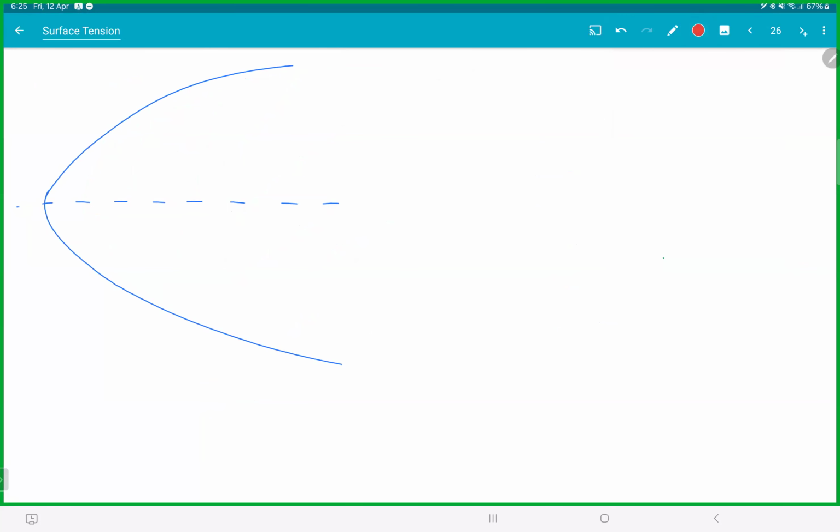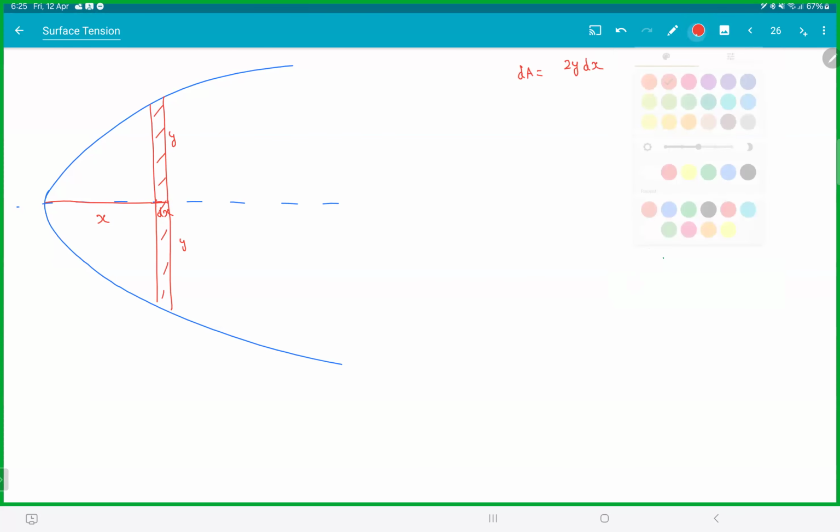See, let's say at a distance x, take a thin strip dx. So you get a small rectangle whose height is y. So the area of this strip dA will be 2y dx. Therefore, area will be integral 2y dx, from 0 to x.